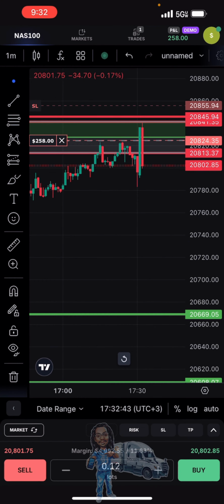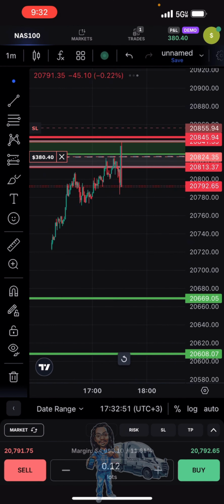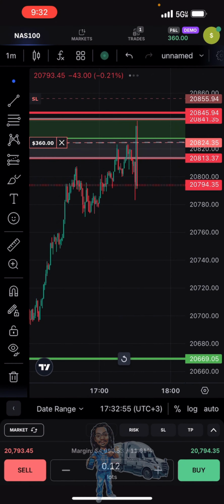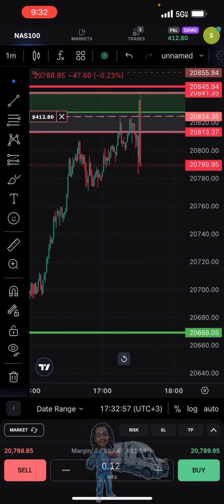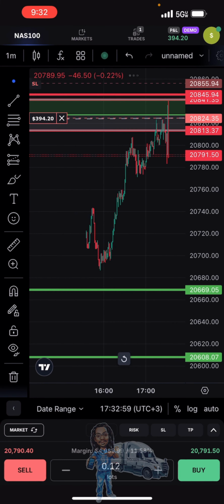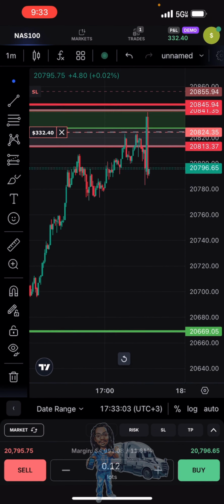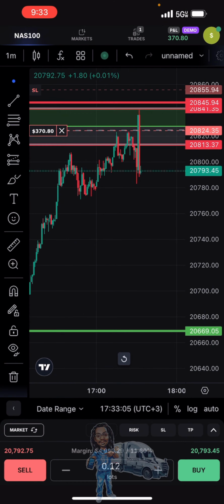I'm expecting this market to move really fast to the downside. I'm already up about 101 on this trade. Like I said, I'm expecting to see this thing move really fast to the downside. So I'm just going to have to be patient today.